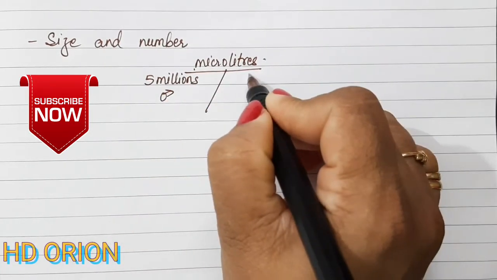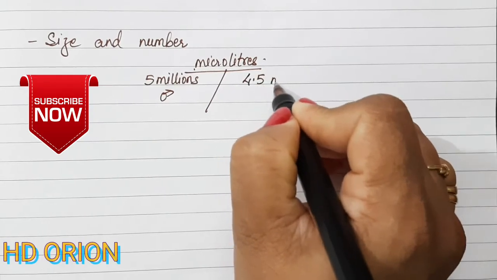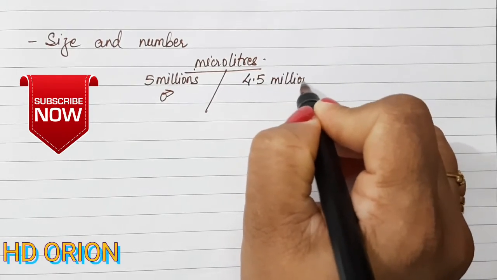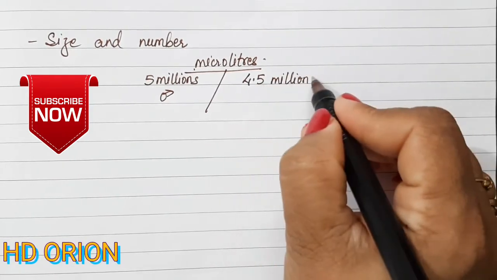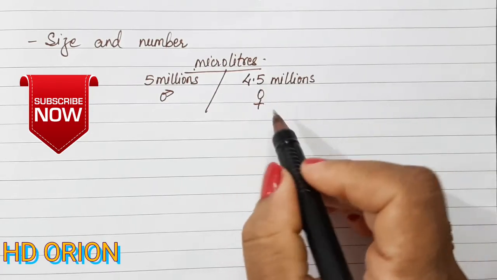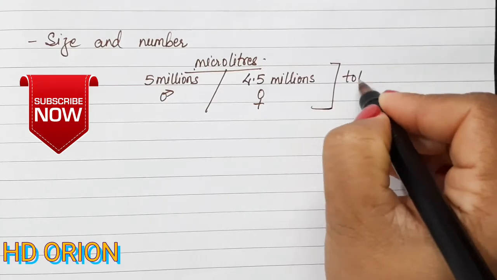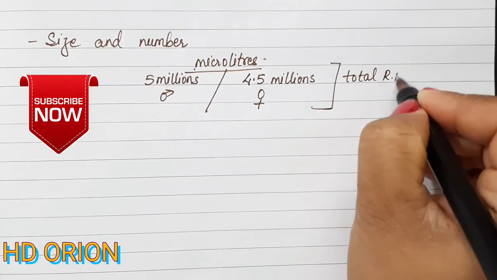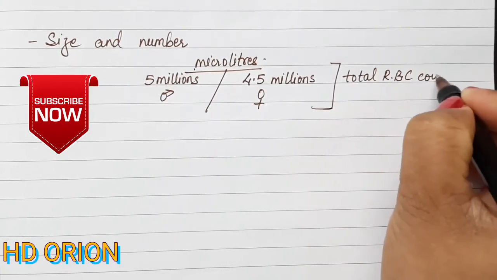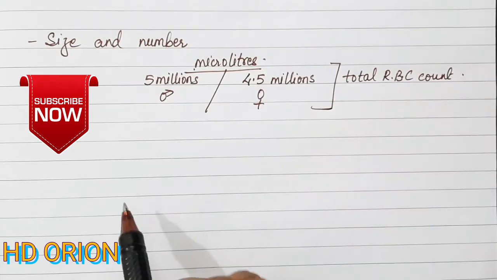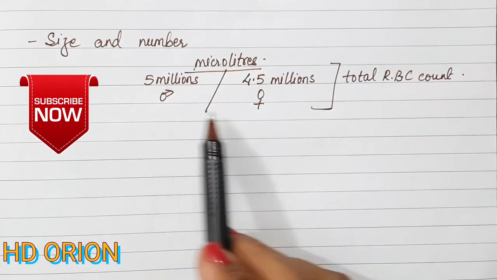But in females it is around 4.5 million, because the blood volume is less. This is in microliters. So this is known as the total RBC count of human beings in males and females.